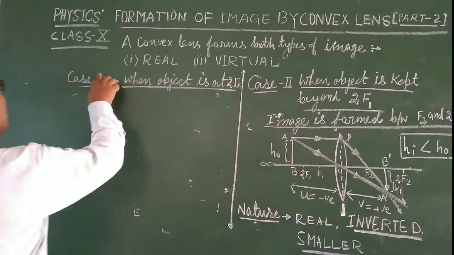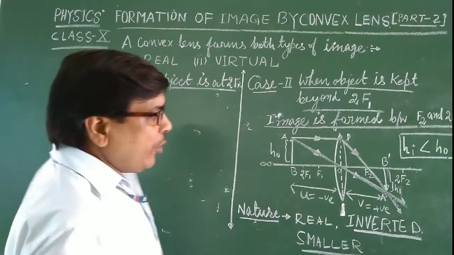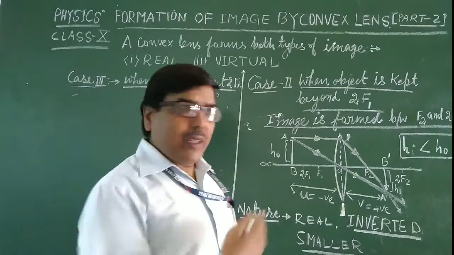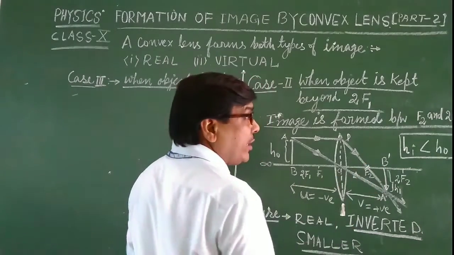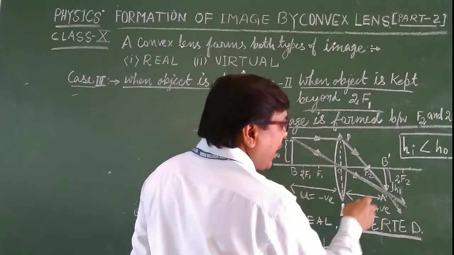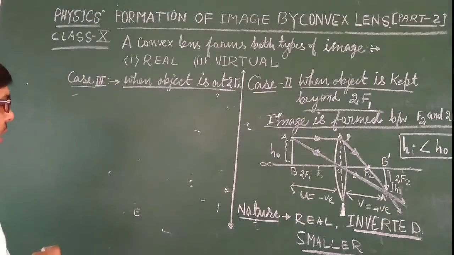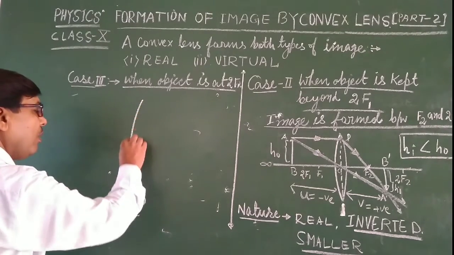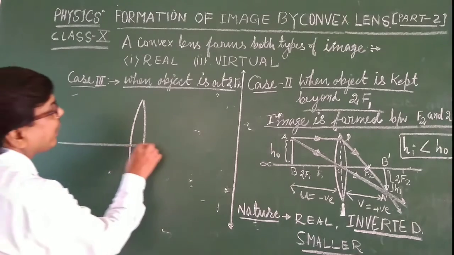The third important case is when the object is kept at 2F1. The image is formed at 2F2 on the other side. See here in case 3, there is one convex lens.